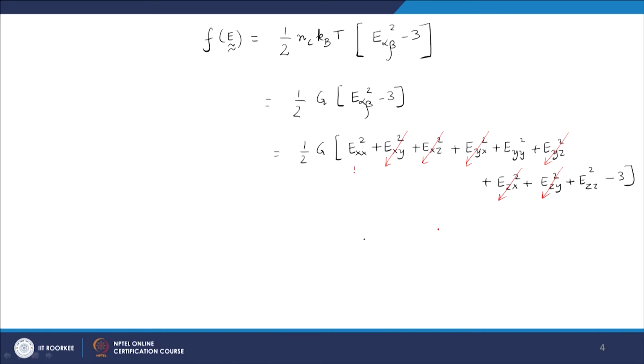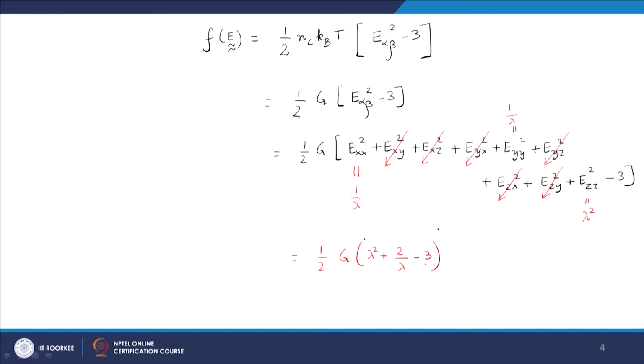So, the first term is 1 by lambda, the second term is 1 by lambda, and the third term is lambda squared, and so we are going to have half of g times lambda square plus 2 by lambda minus 3 for this case.